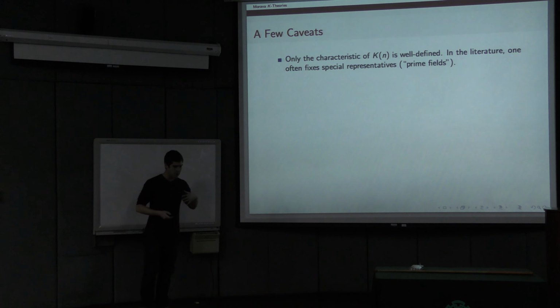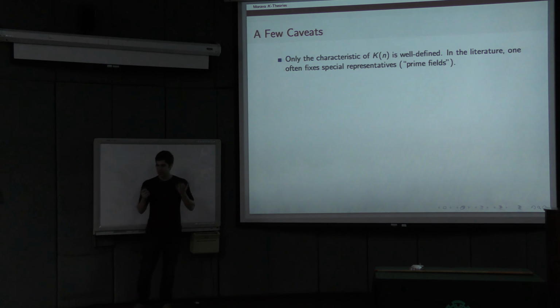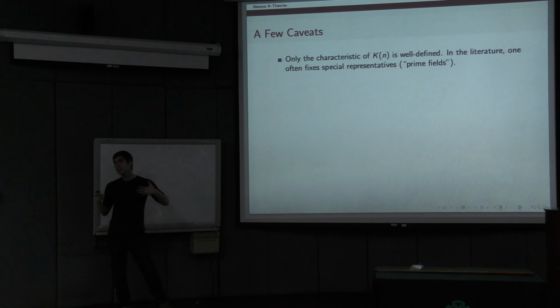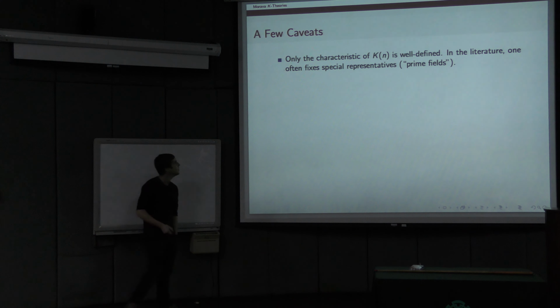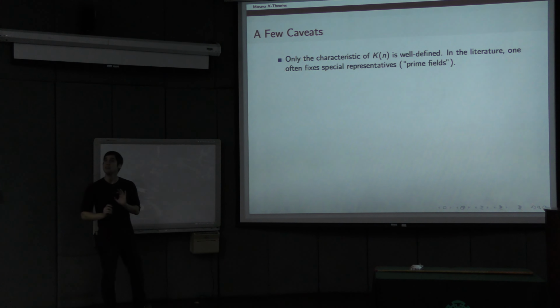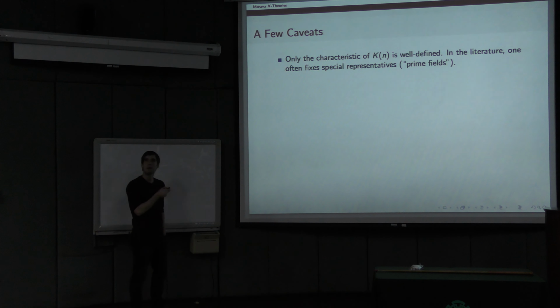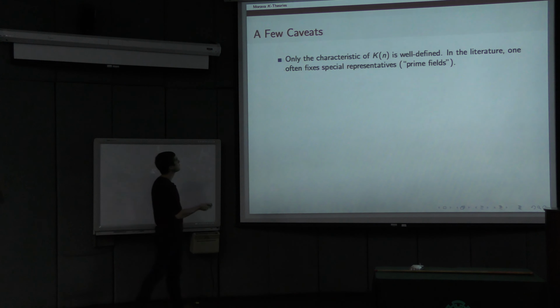Analogous to prime fields in ordinary algebra: the smallest field of characteristic P is Z mod P, and the smallest field of characteristic 0 is the field of rational numbers. So in this world, there are also smallest representatives for these equivalence classes. And sometimes people use this notation to mean the smallest representative, and sometimes they don't.